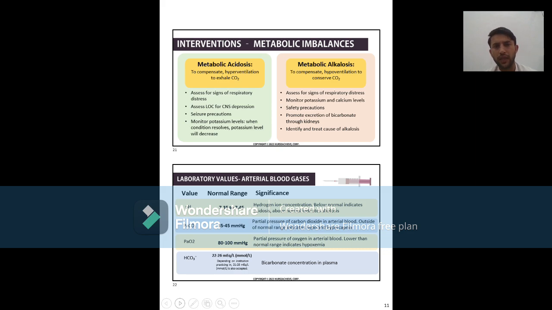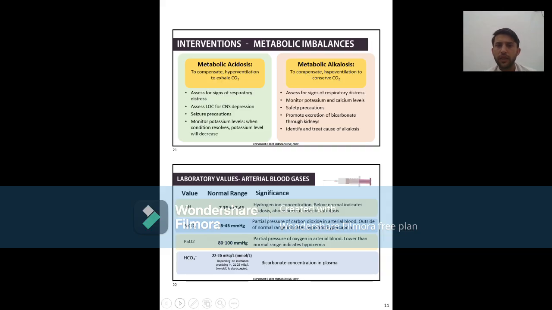Seizure precautions are also important to prevent the patient from any damage or fall. Monitor potassium level, which is very important because high potassium can cause cardiac arrest. Potassium level will decrease with treatment, so we have to keep vigilance on this electrolyte.